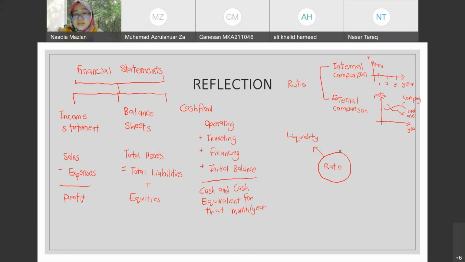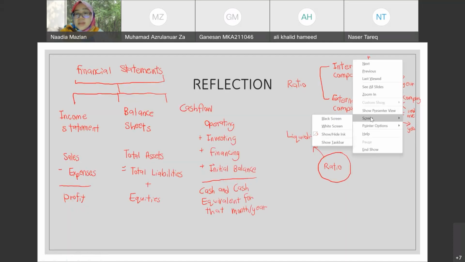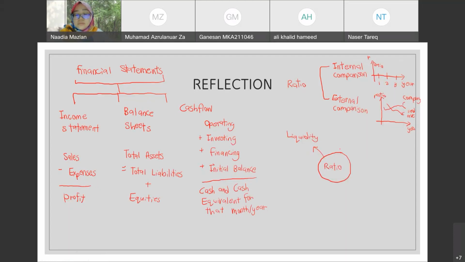The second one is asset management. Sazad, what is the third one?